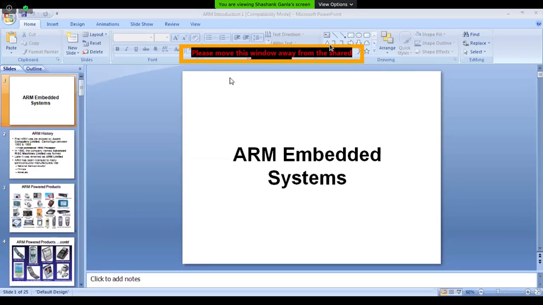Okay, so the ARM architecture, ARM stands for Advanced RISC Machine. This Advanced RISC Machine architecture is available in two forms. One is called the hardware form. The other one is called the software form. Software means source code. The source code of the ARM architecture is written in a language called HDL, hardware description language.